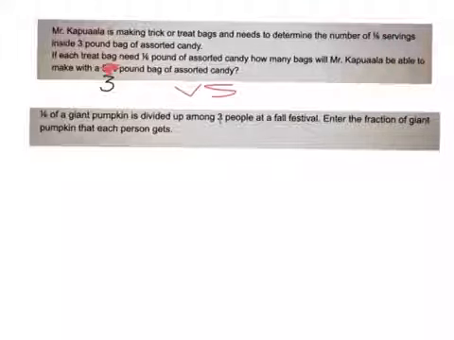Okay? So then the next problem, and I'm going to tell you these problems, they're two different setups, but they're the same values. So this one is 1/6 of a giant pumpkin is divided up among 3 people at a fall festival. Okay? Notice how there's a 3 and there's the 1/6, just like there's a 3 here and there's a 1/6, right?